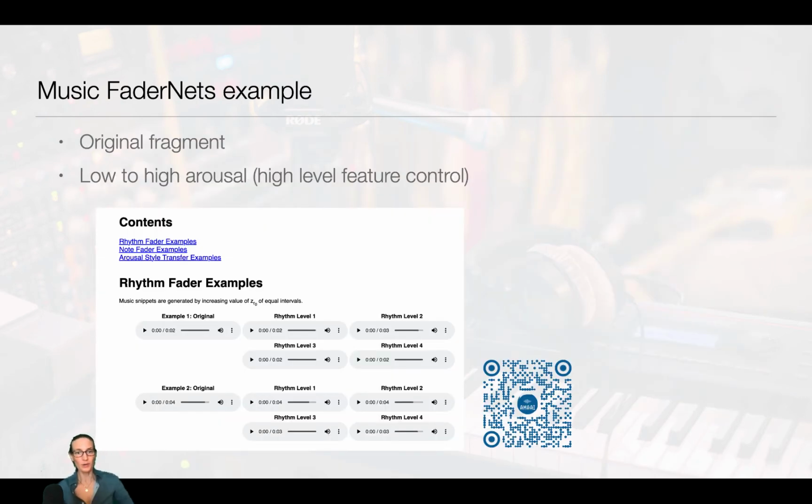All right. So here is an original fragment, that we then have transformed, so an original fragment generated by the system, that we can then transform from low to high arousal throughout the song.